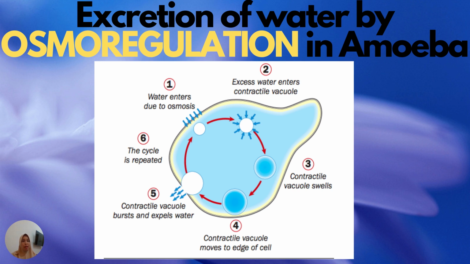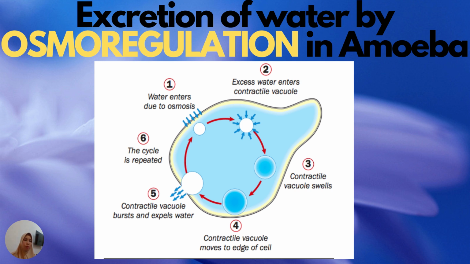Number one, water enters due to osmosis. We will discuss it more in chapter 3, about osmosis. And then number two, excess water enters into the contractile vacuole. Please see number two there.